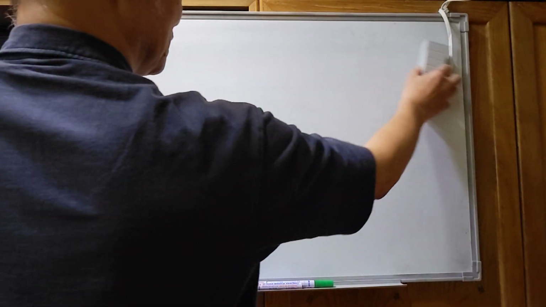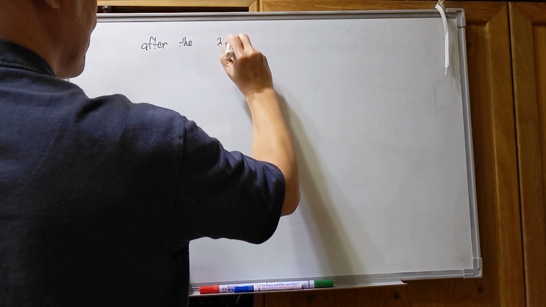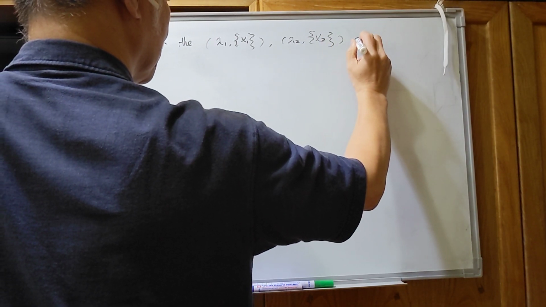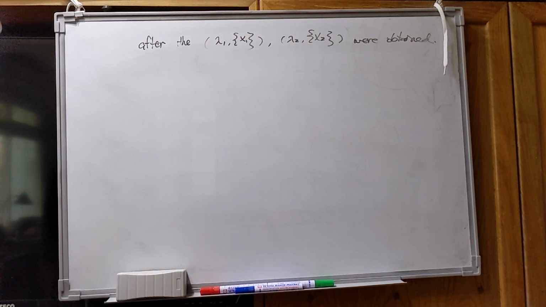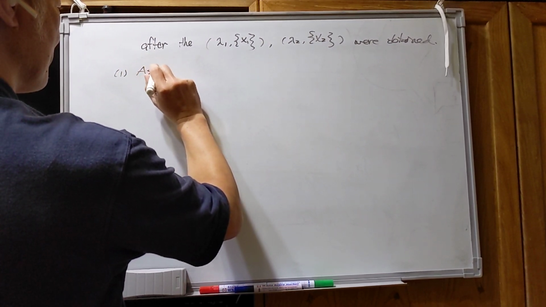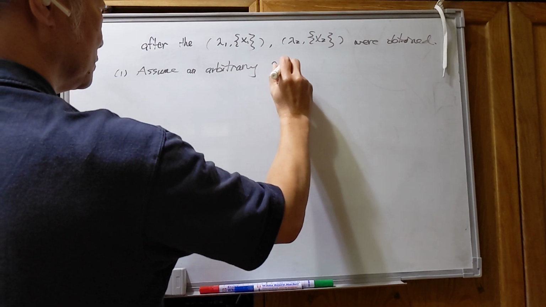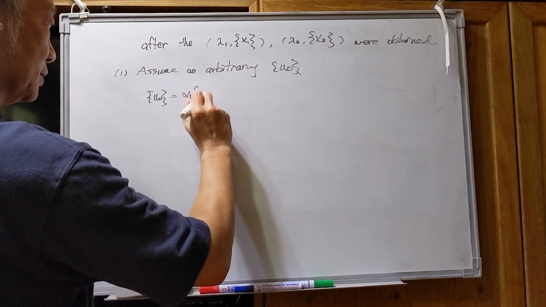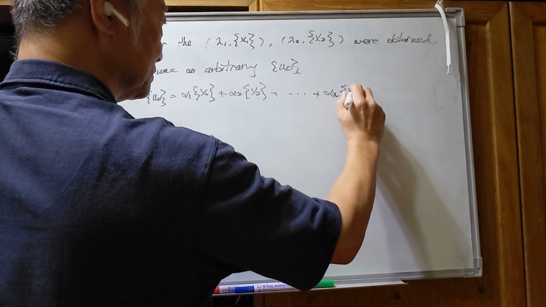So how can we get lambda 3 and x3? Again assume an arbitrary u0. u0 will always be x1 plus alpha 2 x2 plus up to alpha n xn.